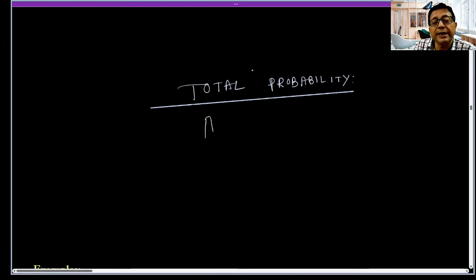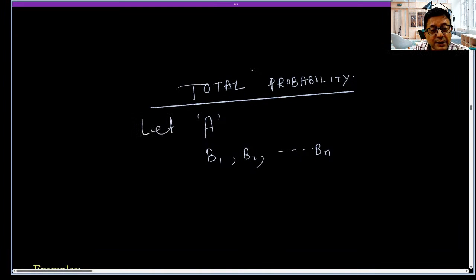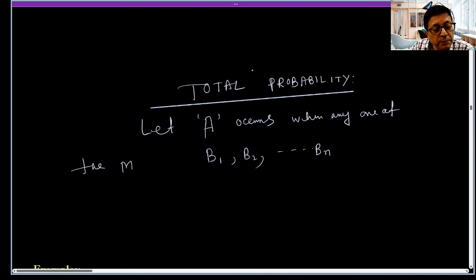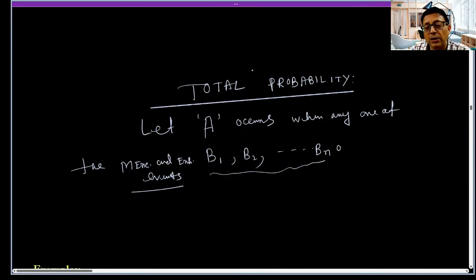Now, suppose this event A occurs. Let A occur when any one of the mutually exclusive and exhaustive events B1, B2, Bn occurs.